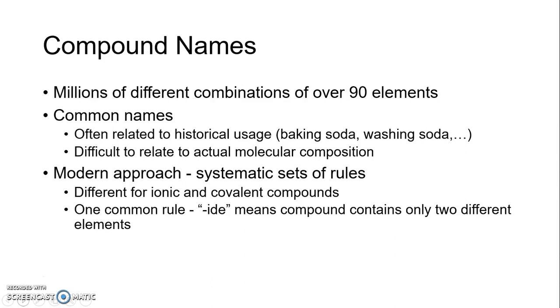But there is one common rule between the two types of compounds, and that is if the compound only contains two elements, then you include this ide, IDE, at the end. For instance, water. Water would be the common name.